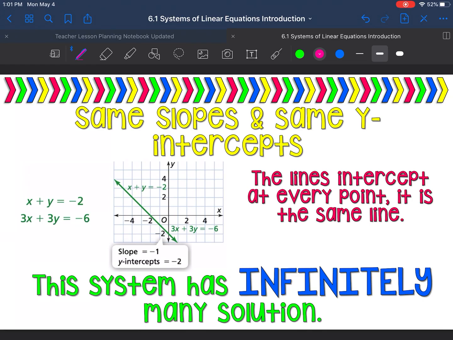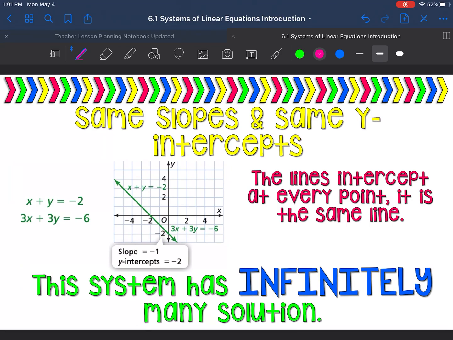So when you have the same slope and the same y-intercept, your system has infinitely many solutions because it's the same line. We can remember: same slope, same y-intercept, same line.